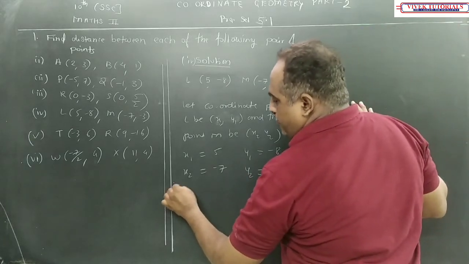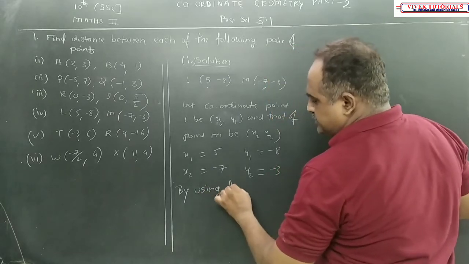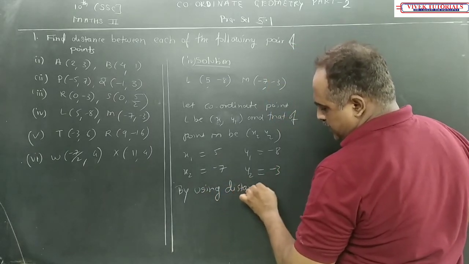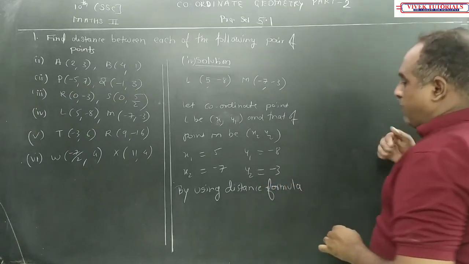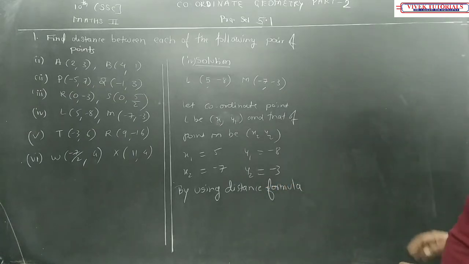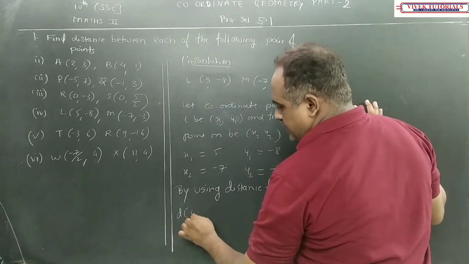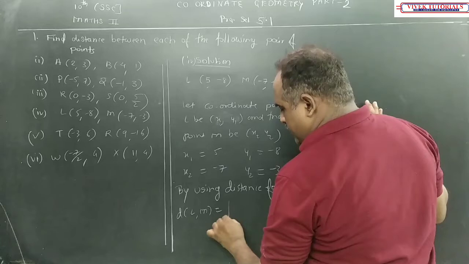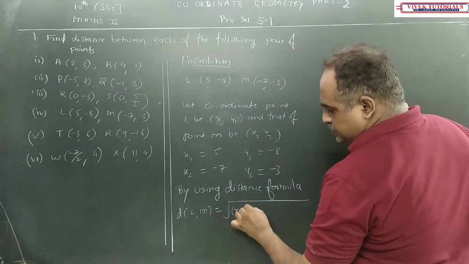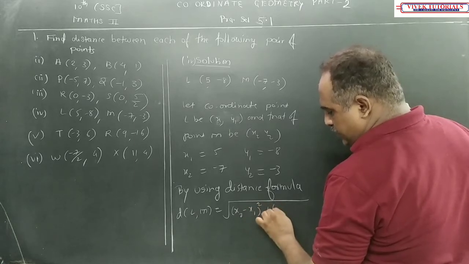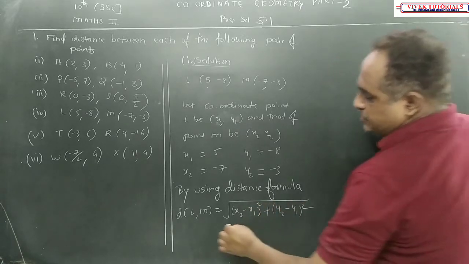Therefore, by using distance formula, distance LM is equal to root of x2 minus x1 the whole square, y2 minus y1 the whole square.